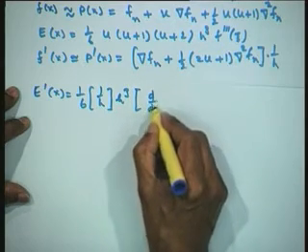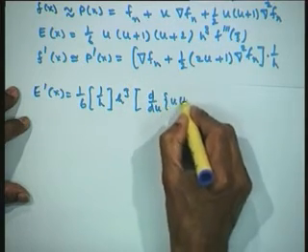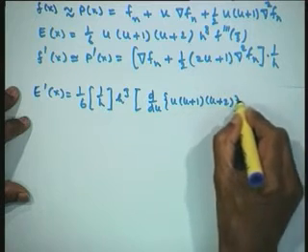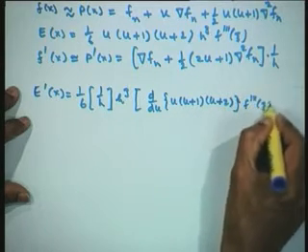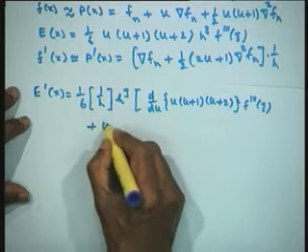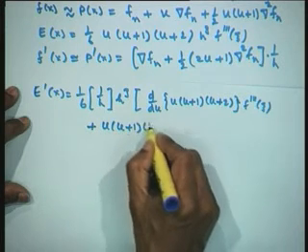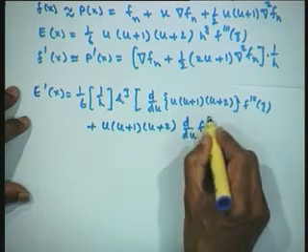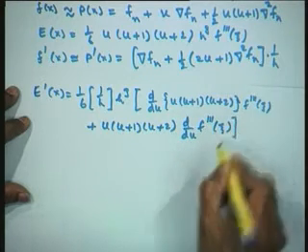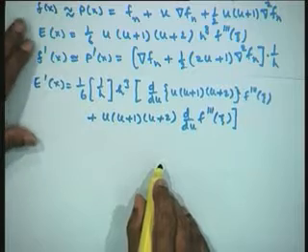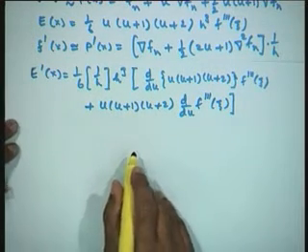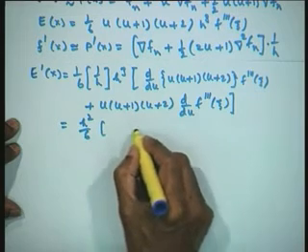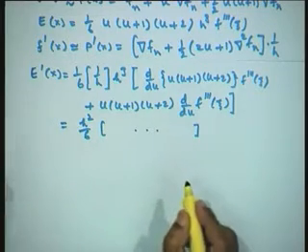So, I will have d upon du of u into u plus 1 into u plus 2 into f triple dash of xi, plus u into u plus 1 into u plus 2 d upon du of f triple dash of xi. Therefore, in the general case this will look like h square by 6 into the quantity in the bracket.